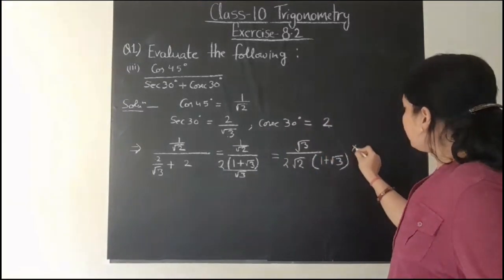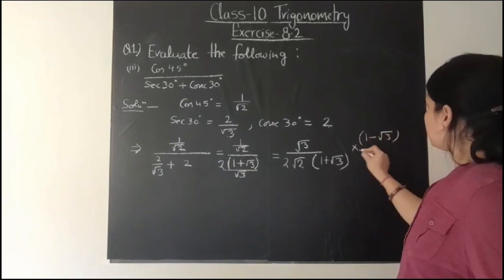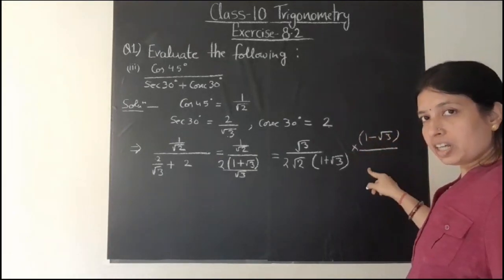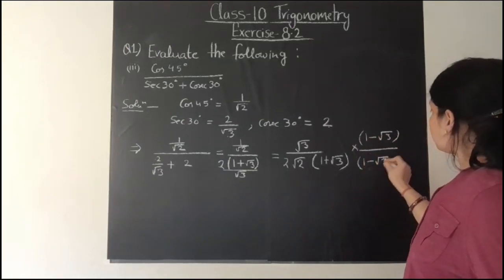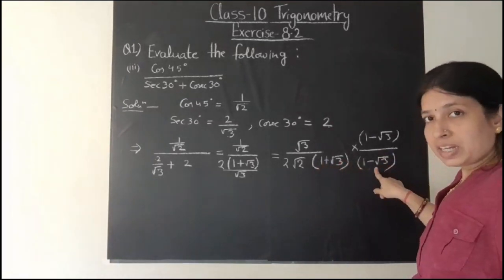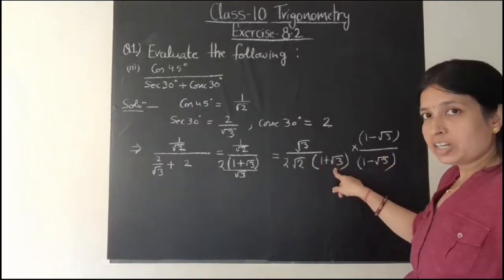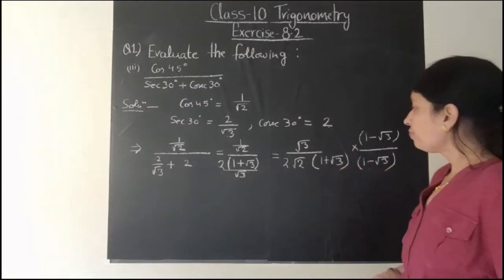The conjugate will be 1 minus root 3, multiply here 1 minus root 3, here also 1 minus root 3. If it is plus here, we multiply here by minus. 1 plus root 3 is here, so multiply here 1 minus root 3.